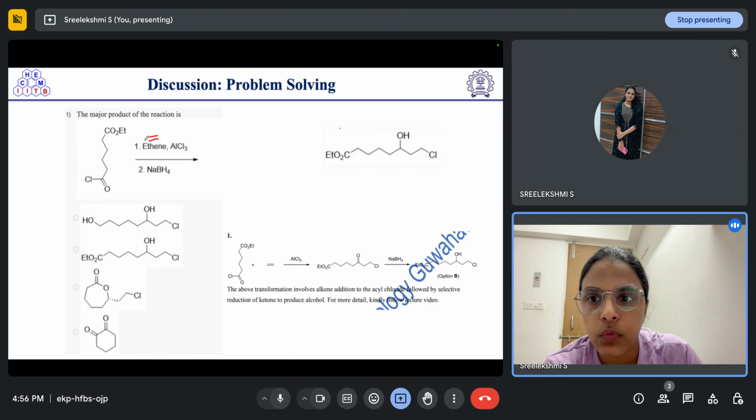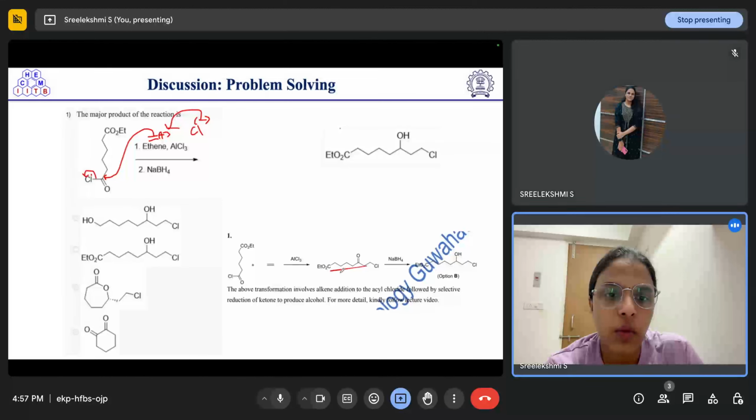In the presence of this Lewis acid, the Cl minus will be leaving as AlCl4 minus, and then this ethene will be attacking over this carbon to give a carbocation, which will be quenched by the Cl minus from the AlCl4 minus to form this compound first.